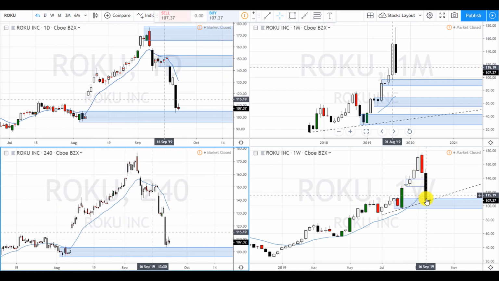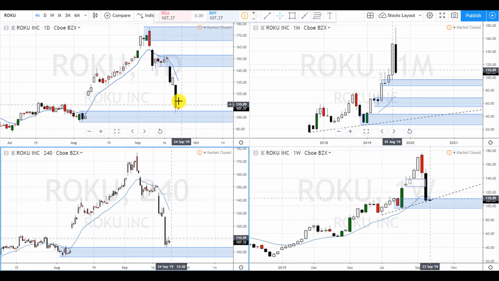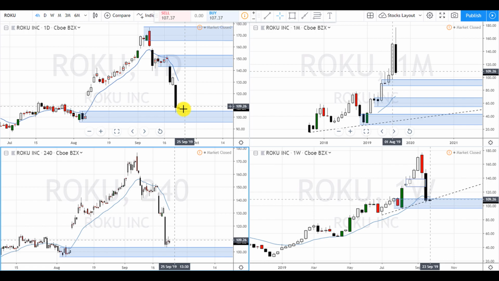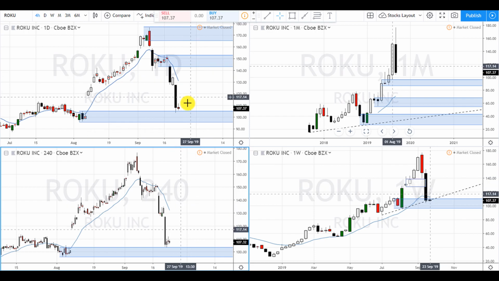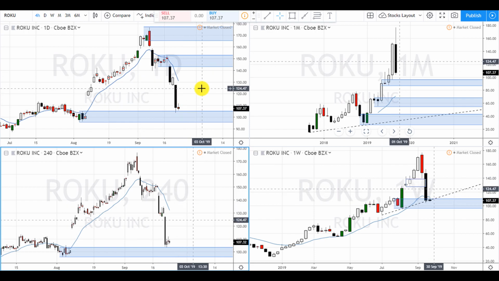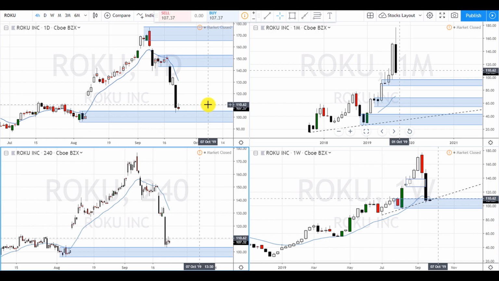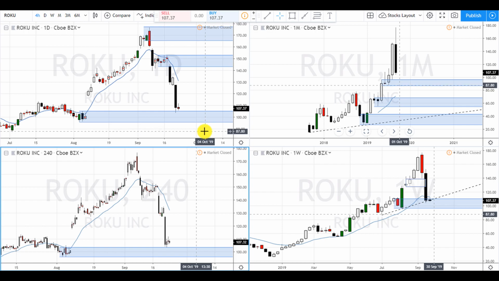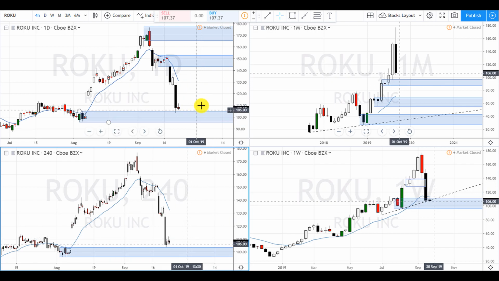I mean, the bigger the selling pressure, the better it is for the bounce, but it's going to take a few days, few weeks for price to decide what it wants to do, because sometimes the news is, we know that supply and demand is what drives the markets, but the news just makes everything go faster.